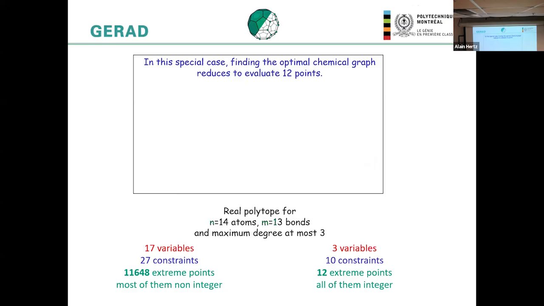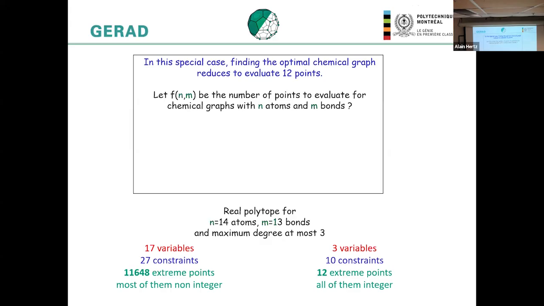in this case, I would have reduced the problem to knowing what is the best point among 12. My question is, let's imagine a function f of n, m, which, given a number n of atoms and a number m of edges, gives you the number of extreme points of the integer convex hull. We had only 12 in our case, but it depends on n and m.